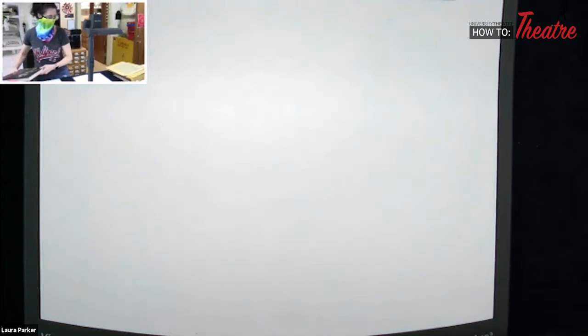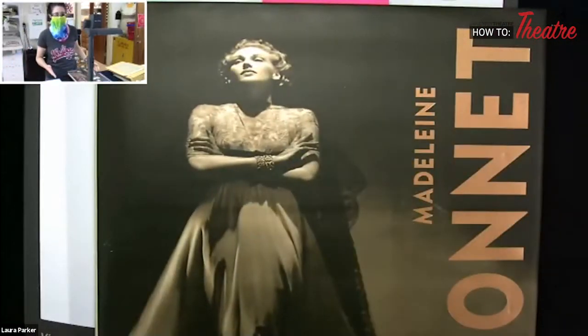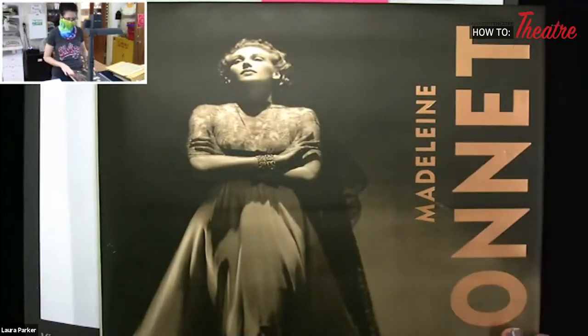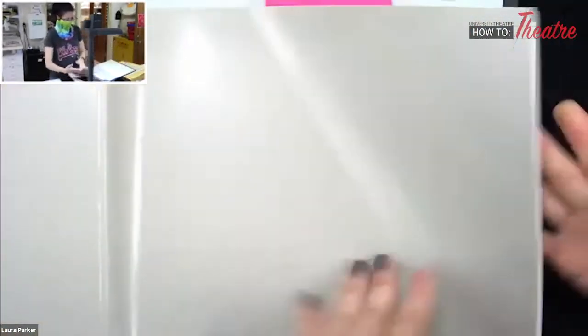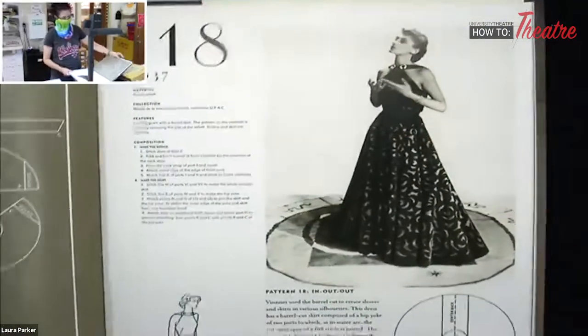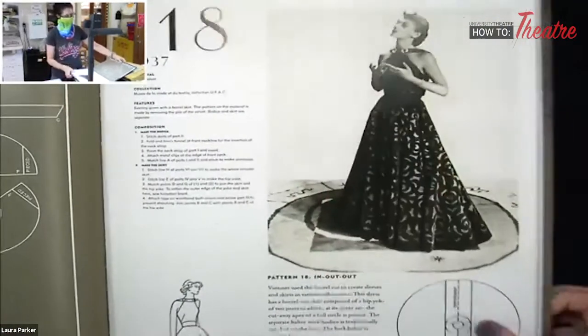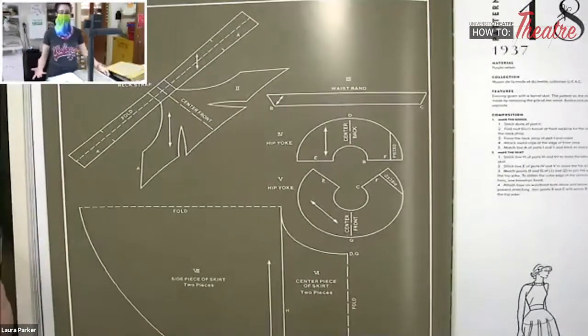Then we also have access to larger books. This book doesn't even fit on my doc scan. This is a book about Madeleine Vionnet's garments. And some of these are just giving us images of the garment and then the shapes without any dimensions.